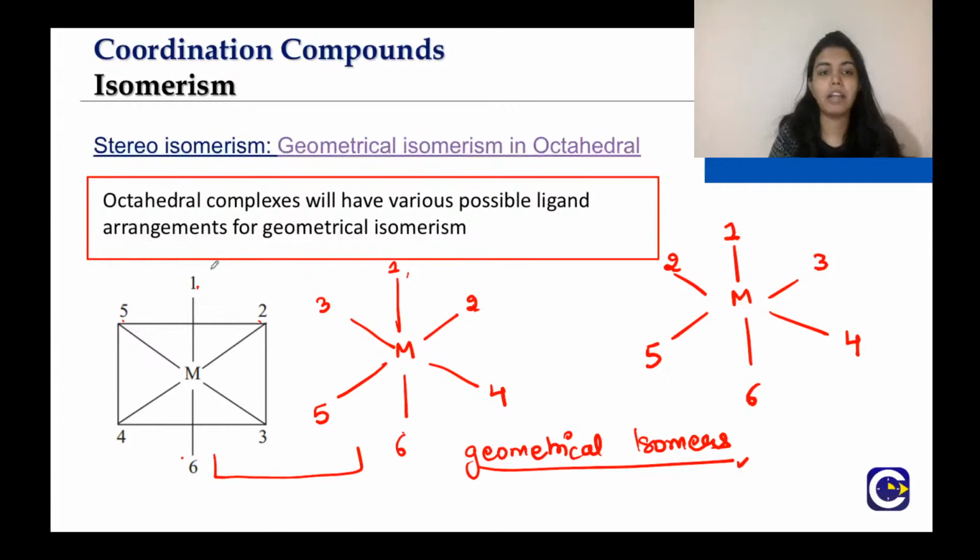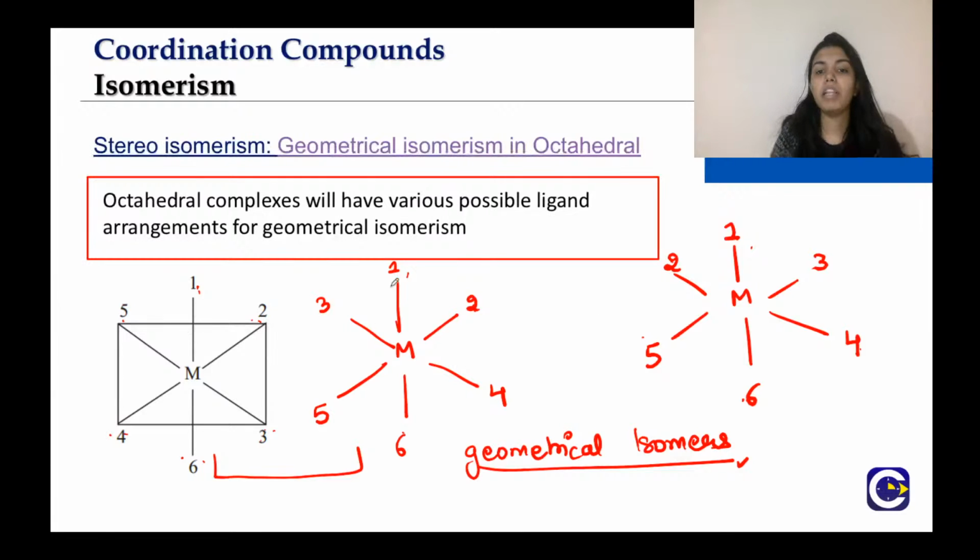Now you compare the angles. The angle between 1 and 6 is 180 degrees, here also 180 degrees. 3 and 5 is 180 degrees, here also 180 degrees. 2 and 4 are 180 degrees, here also. 2 and 3 are 90 degrees, 4 and 5 are 90 degrees, 4 and 3 are 90 degrees, 2 and 5 are 90 degrees in both.